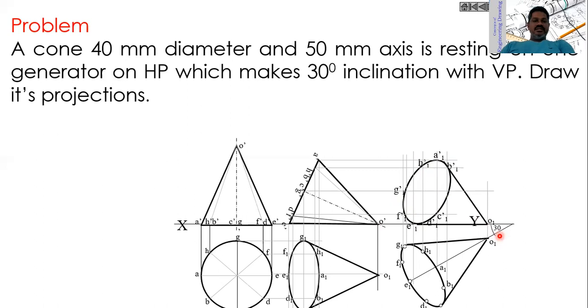This will be the case of the projections of the cone when one of the generators of the cone is lying on HP and the axis of the cone is also making some inclination, that is 30 degrees with the vertical plane.